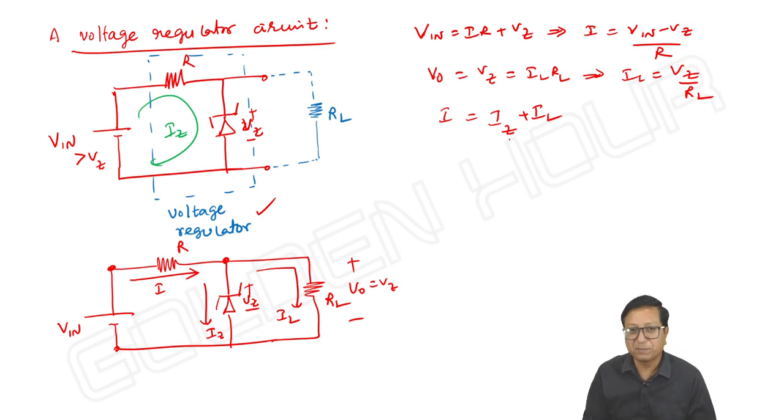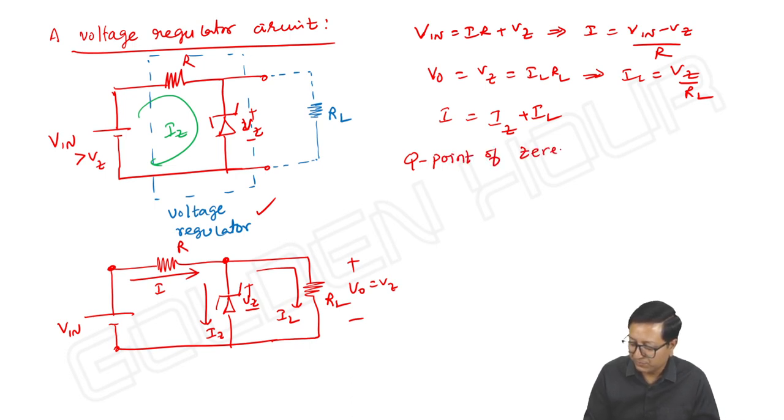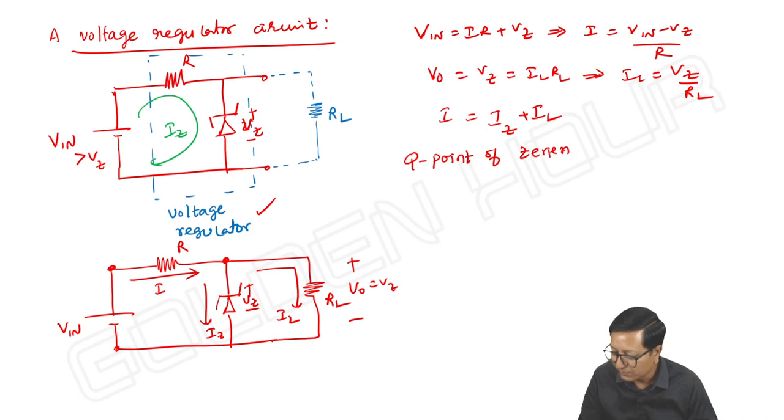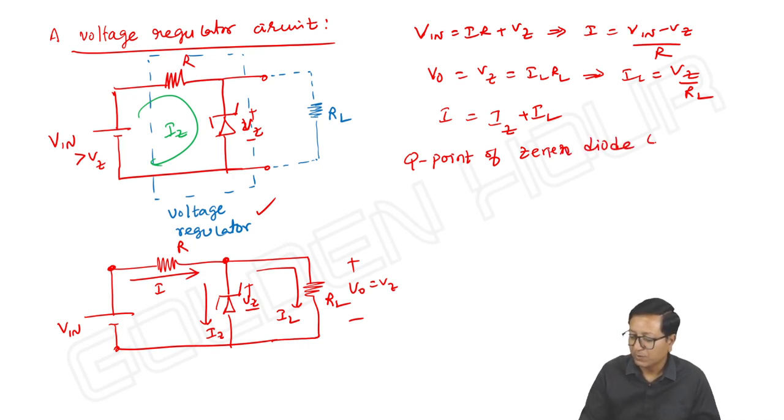And what about the power dissipation in the Zener diode? Or what is the Q point, the operating point? At what voltage and current is the device operating? I can say the Q point of the Zener diode is Vz comma IZ.